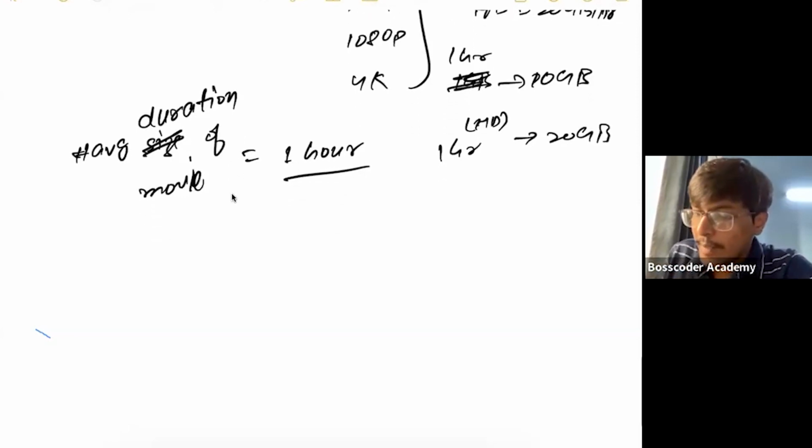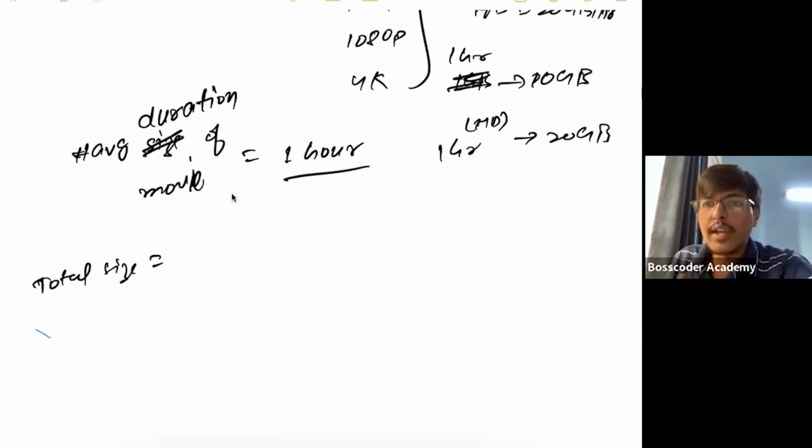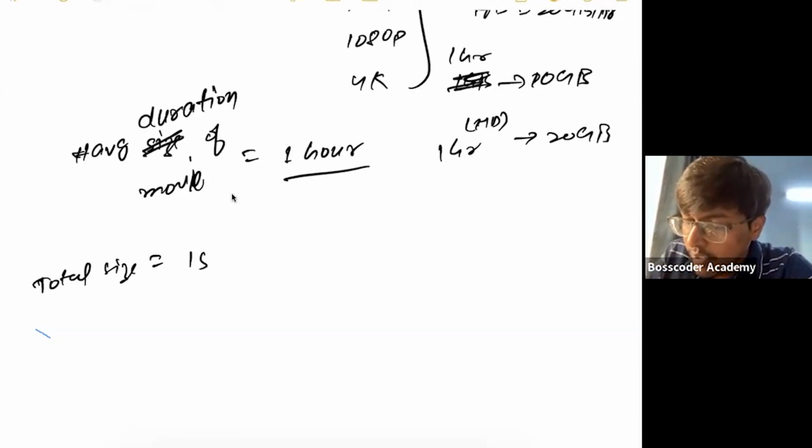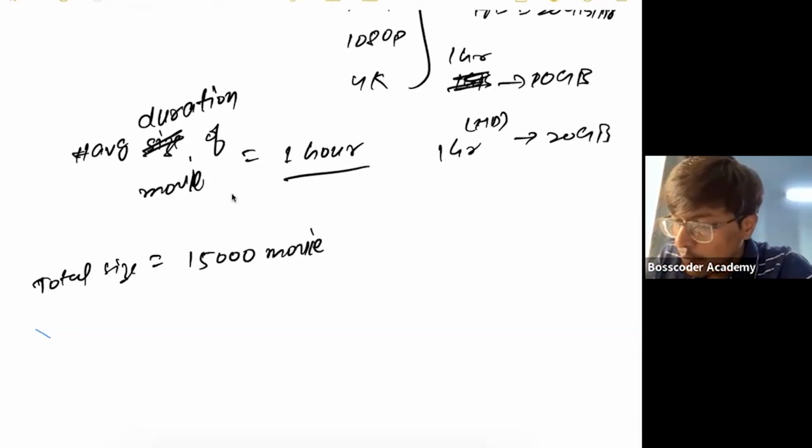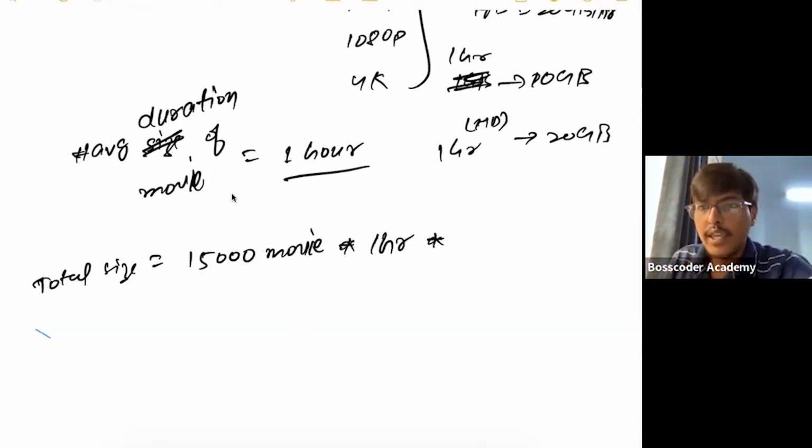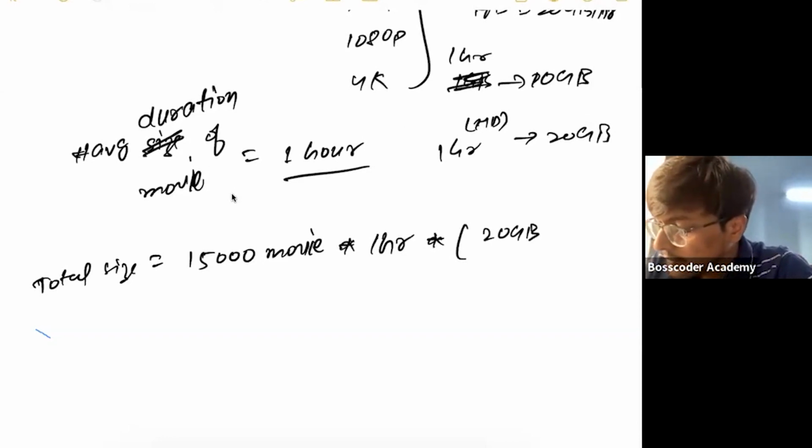So what will be the total size now? Can you tell me the total storage required? So you have 15,000 movies, right? Each movie on an average is 1 hour. And each movie you are storing in 2 dimensions, HD and SD. For HD, it is taking 20 GB per hour, and for SD, it is taking 10 GB per hour.